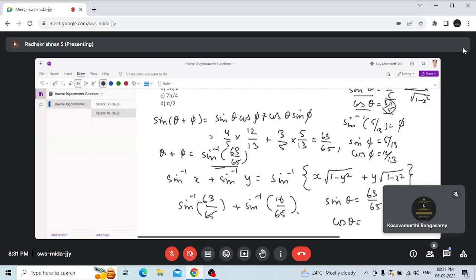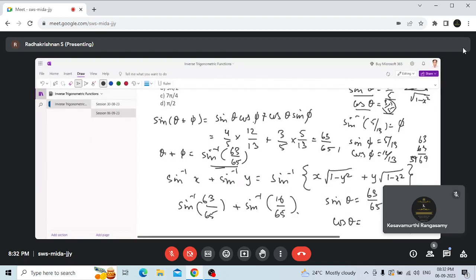65 square minus 63 square you have to compute now. 63 into 63. 65 square is 4225. 63 square is 3969.